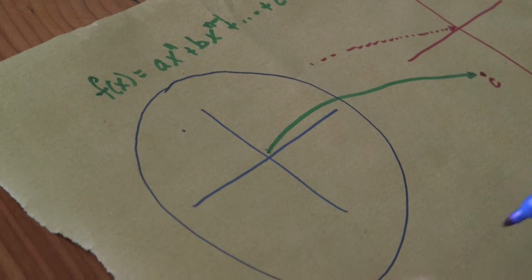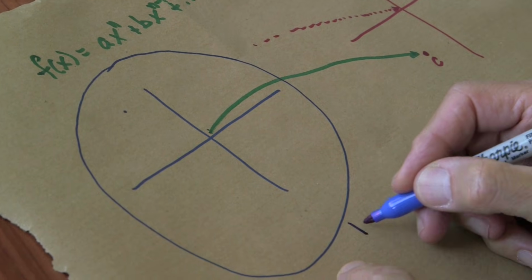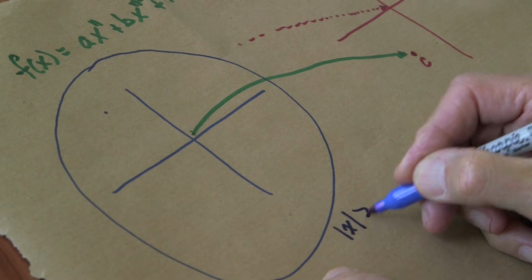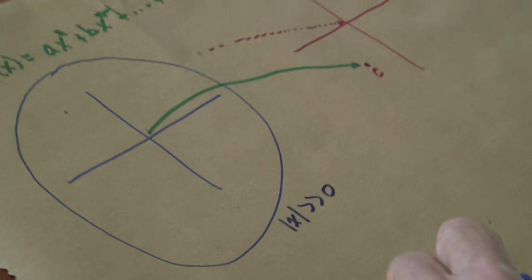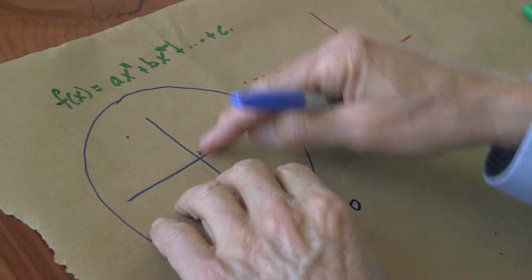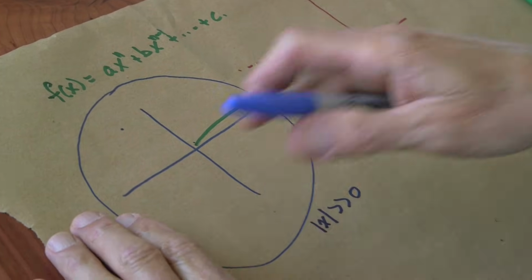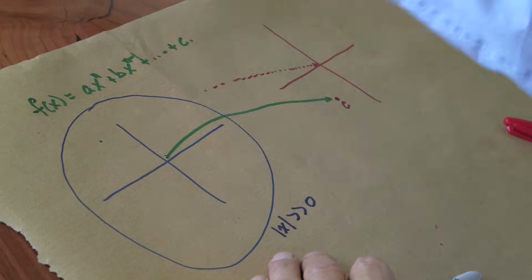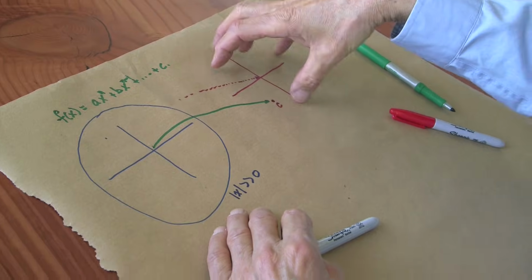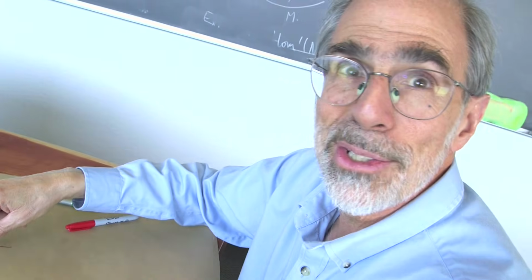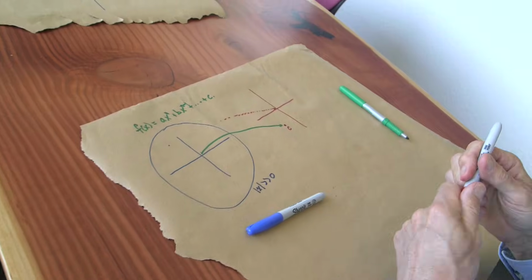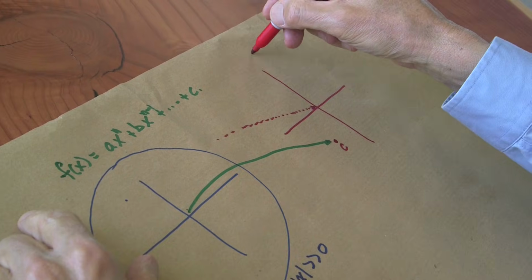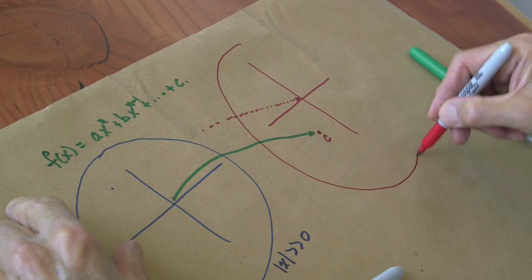Those are the x's with big magnitude. So this is magnitude of x much bigger than 0. And now it's a circle because it could have any argument, it could have any angle. I know that x to the n will be even bigger. I'm going to shrink the scale on this red plane so that I don't have to draw it off the table, but it'll go to some huge circle.